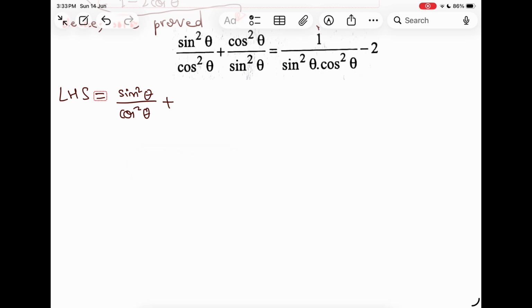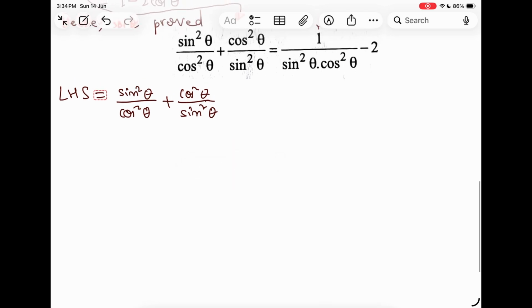All right. Now you can clearly see that in the right hand side, the denominator is sine square theta multiplied by cos square theta, which is the LCM of sine square theta and cos square theta. But where did the minus 2 come out from, which doesn't have any numerator and denominator?